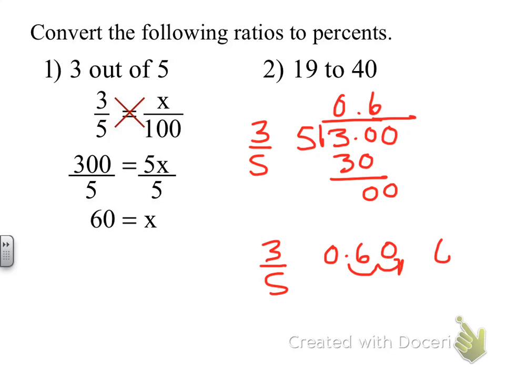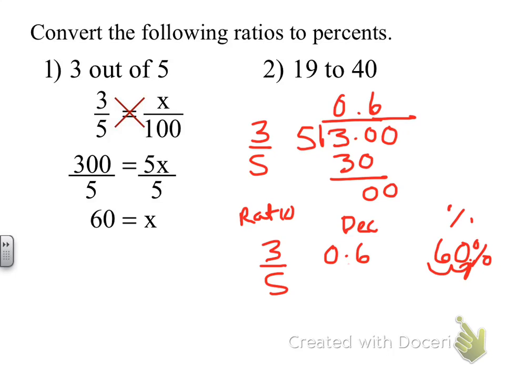And so I have to make that 60%. Move the decimal 2 places, once, twice. It now goes here. This is the decimal. This is the percent. This is the ratio or the fraction. But they're asking for a percent. Does that make sense? So just make sure if you do this that you don't stop here. Is that clear, everyone?